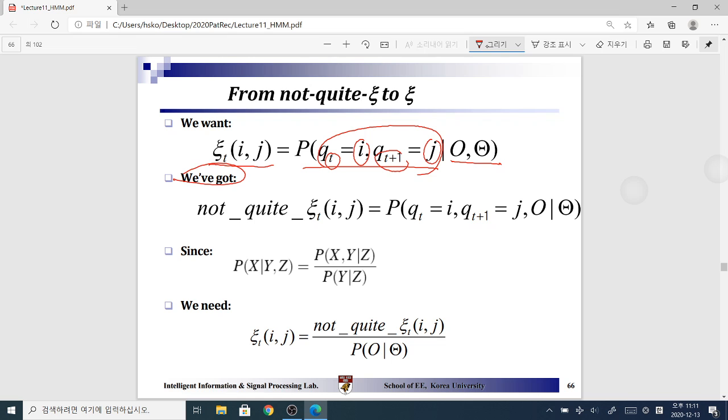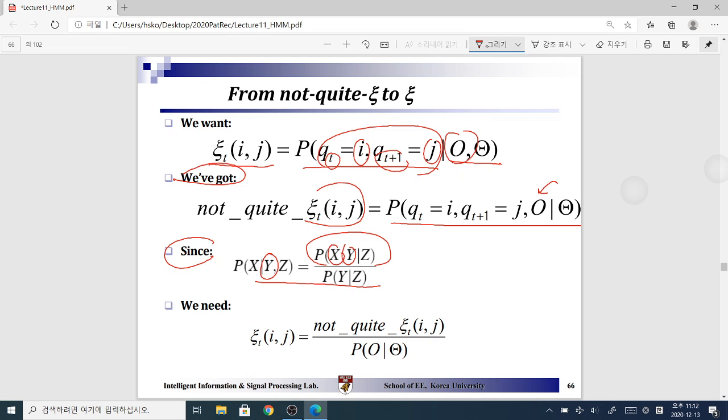On the other hand, we have the not quite psi sub t of ij, where the observation sequence is among the joint variable, which has moved from the conditions to part of the joint variable. Now, we also realize that with, say, y being part of the condition, this can be described by the probability of the joint x and y divided by the probability of y.